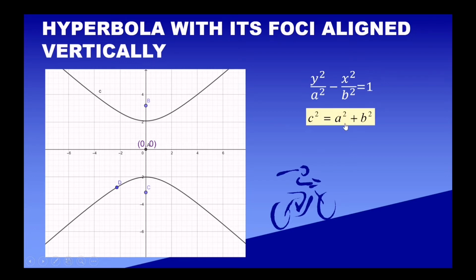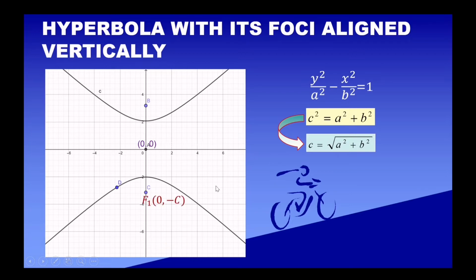Okay, and we can still use c squared is equal to a squared plus b squared. Still the c natin yan, that is the component of the foci.